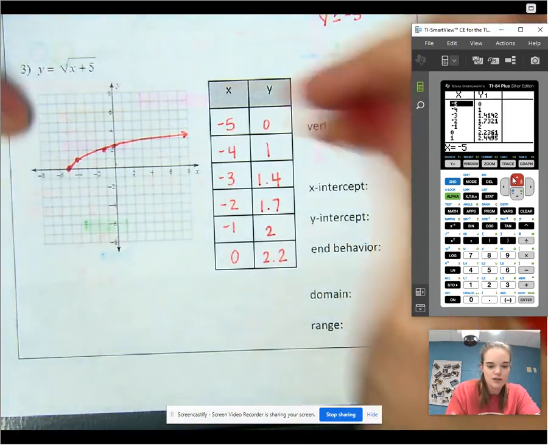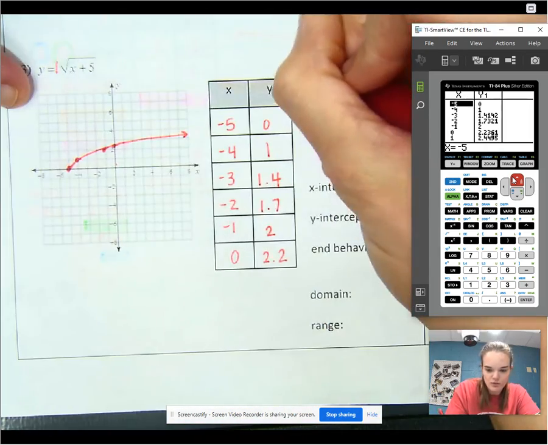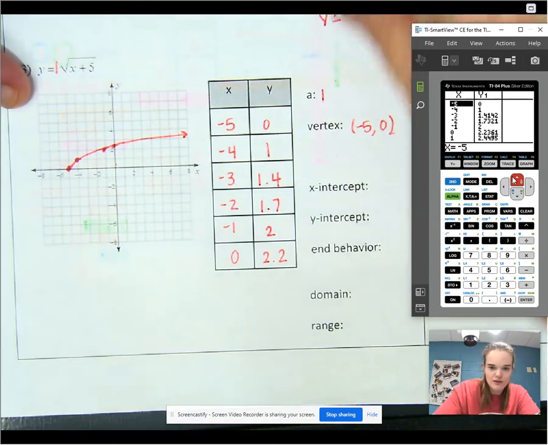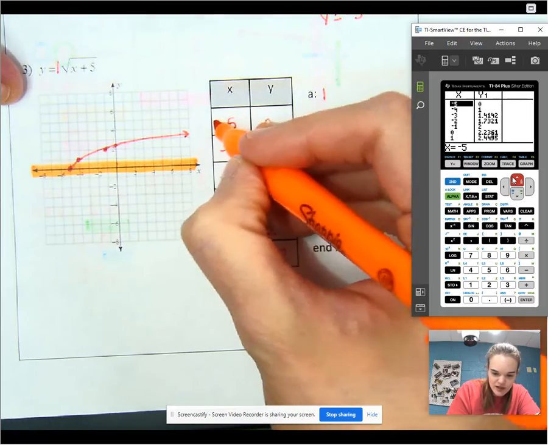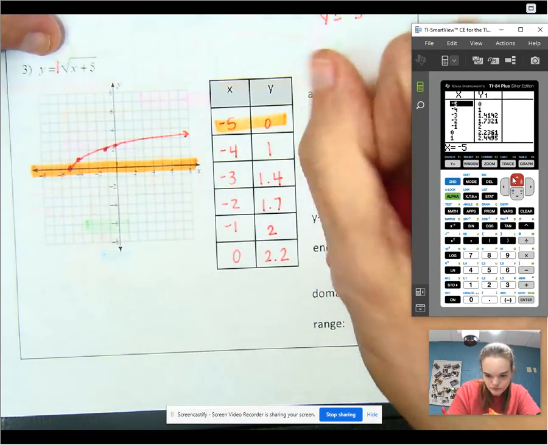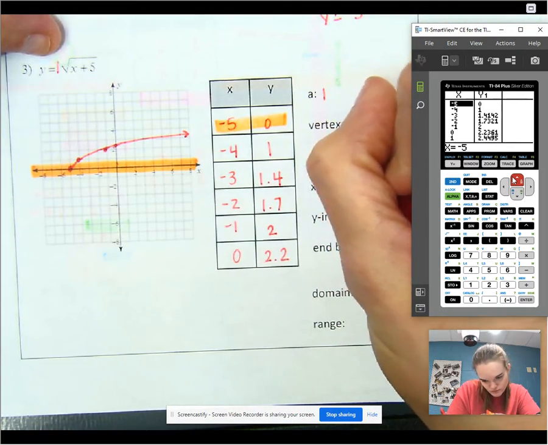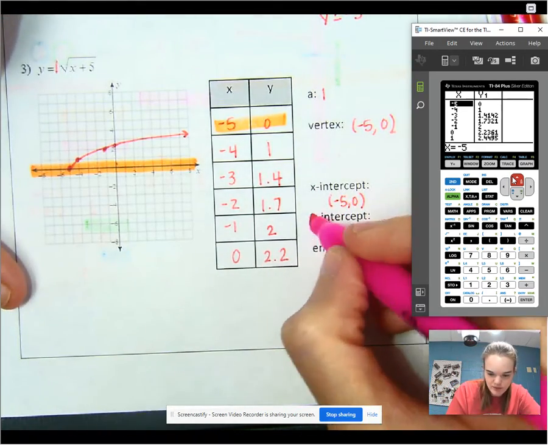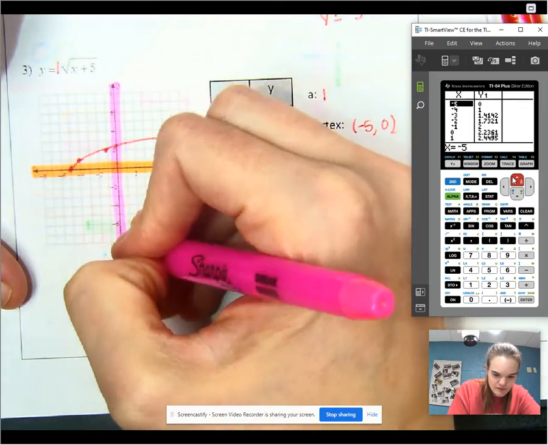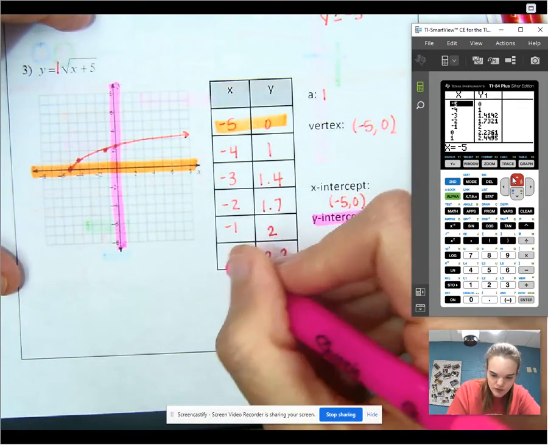Okay. The A value is 1. The x-intercept, it finally crosses, it is negative 5, 0. It crosses the y-axis this time at 0, 2.2.